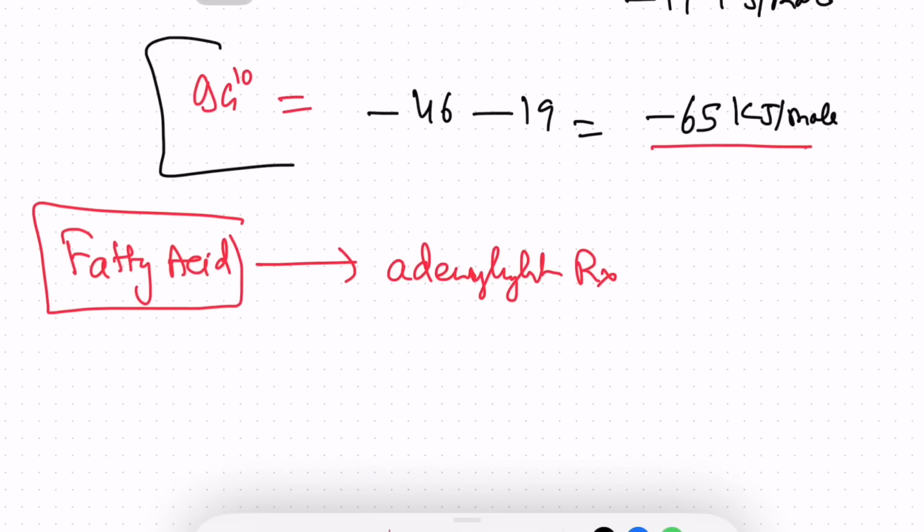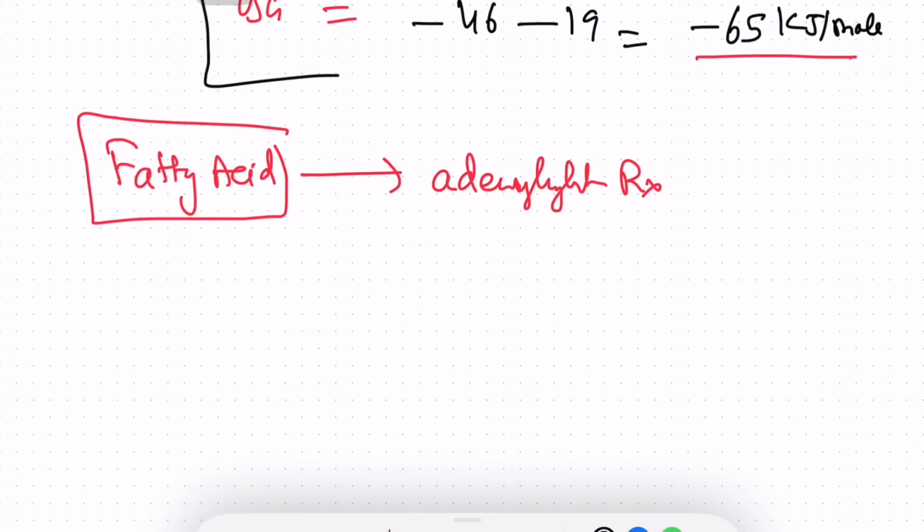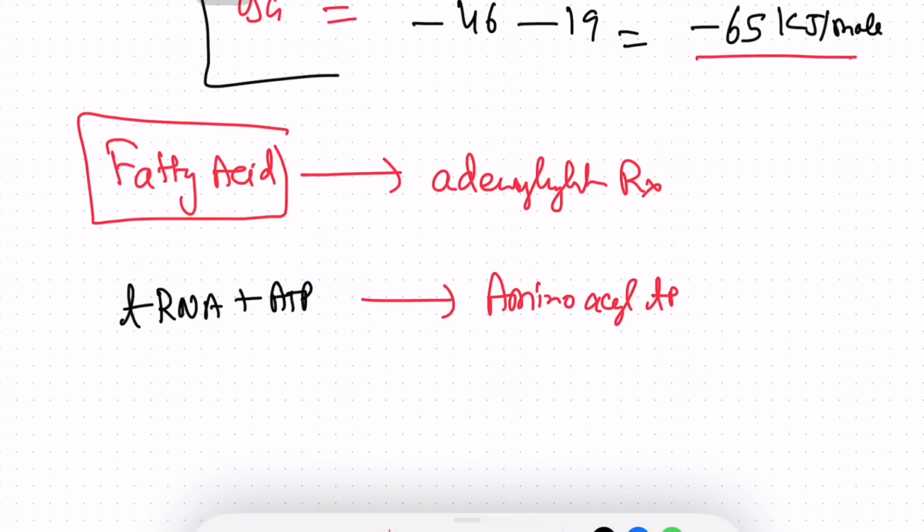In the same way, I also want to tell you that hopefully you must have learned in your molecular biology class that tRNAs are charged with this ATP. Here also you are going to see a transfer of an adenyl group and the formation of aminoacyl tRNA during the activation of tRNA.